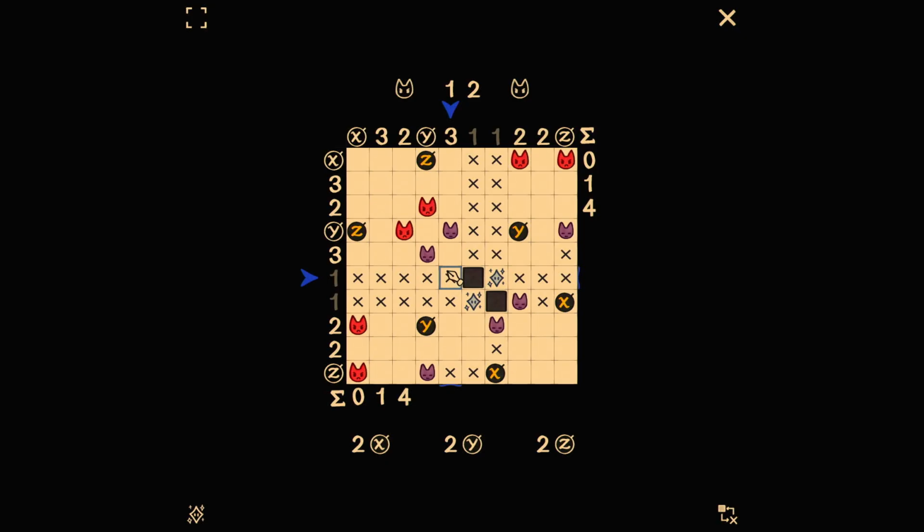Say X is 2, Y is 1, Z is 3. So assuming that is the case, Y then must equal, because if that's the case, I need 2 to be here, right?